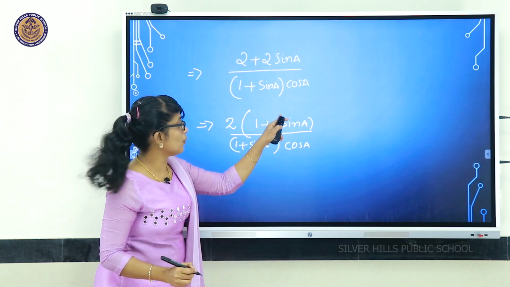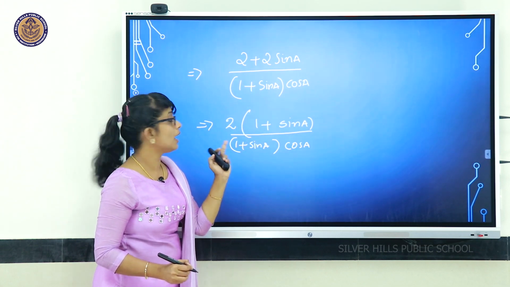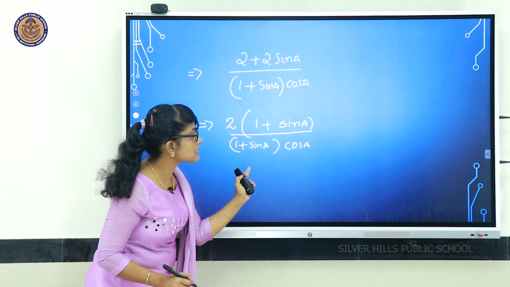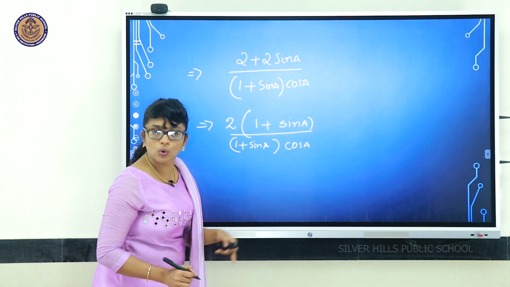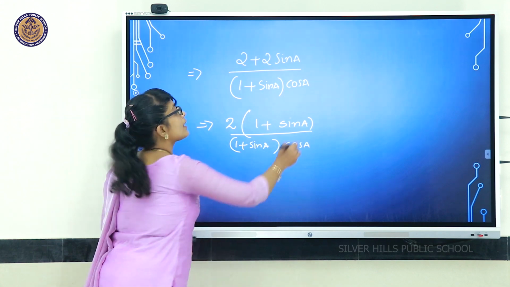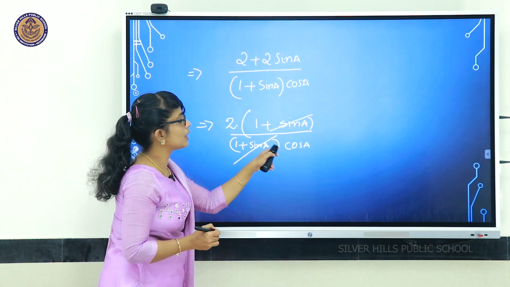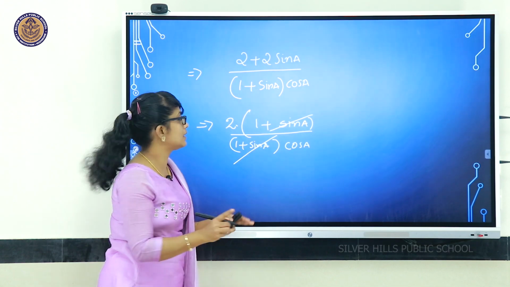Then here numerator 2 into 1 plus sin A by 1 plus sin A into cos A. Then 1 plus sin A and 1 plus sin A we can cancel. Okay, because here 2 into, here also 2 into, only one term.